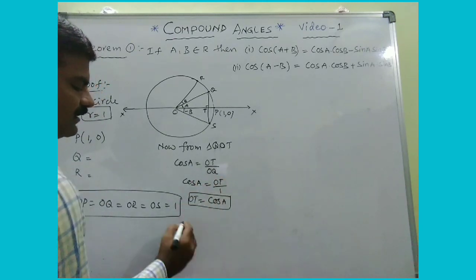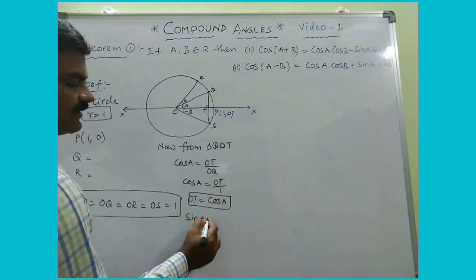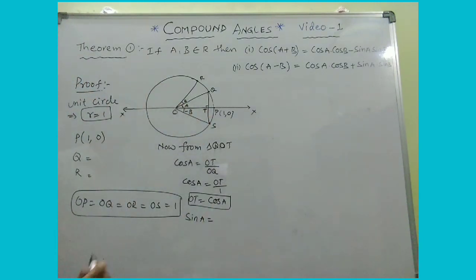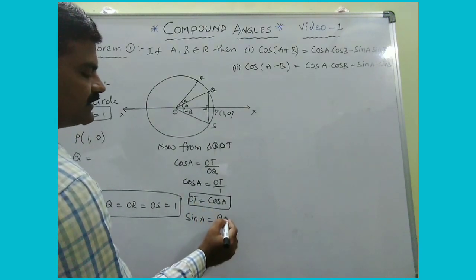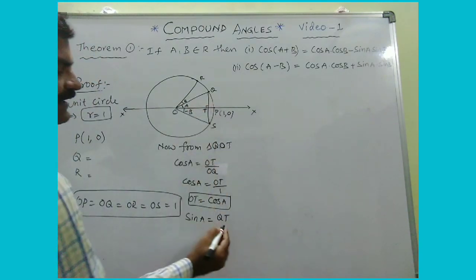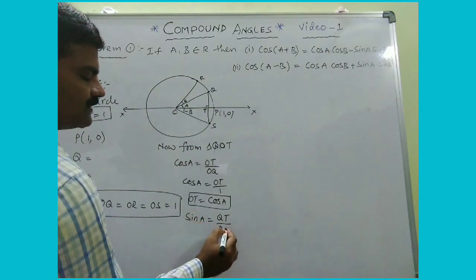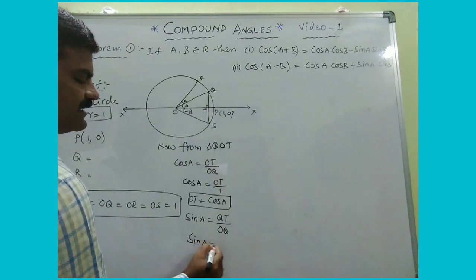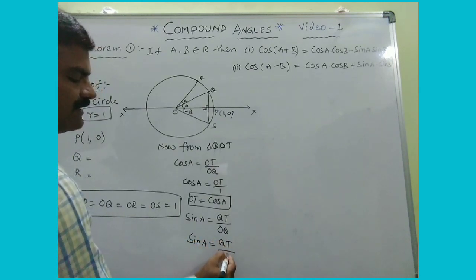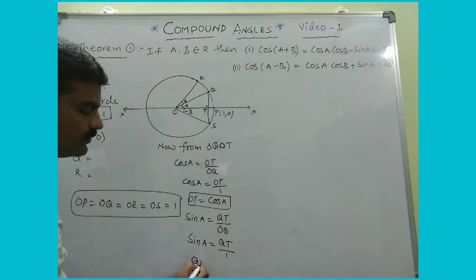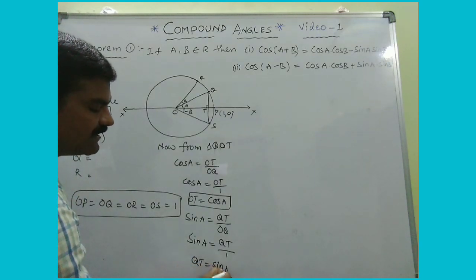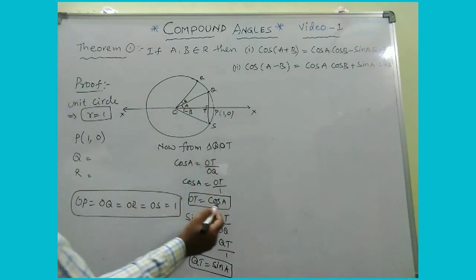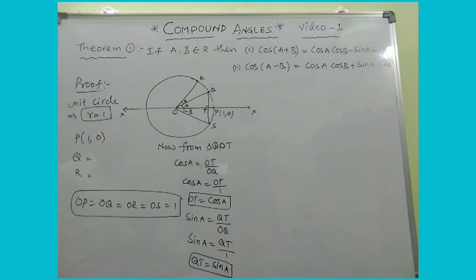Similarly, write the ratio of sin A. Sin A is opposite by hypotenuse. The opposite side for this angle A is QT, and the hypotenuse is once again OQ. So sin A equals QT by 1, and finally QT equals sin A, and OT equals cos A. Why am I talking about this?